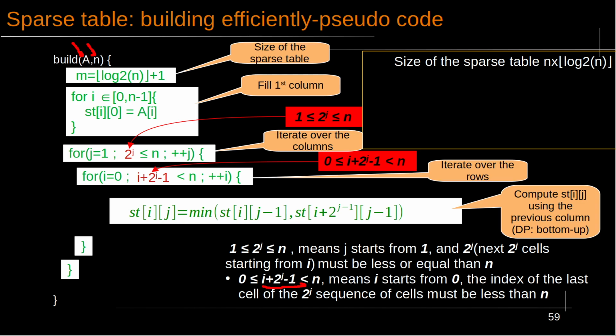We know that the size of the sparse table is n times log base 2 of n plus 1. So to fill this table, it costs n log base 2 n in time, and n log base 2 n space.